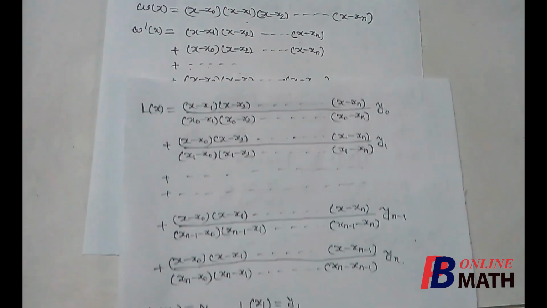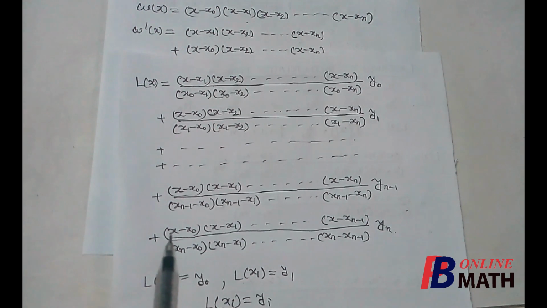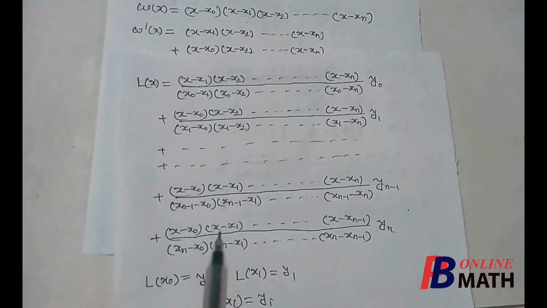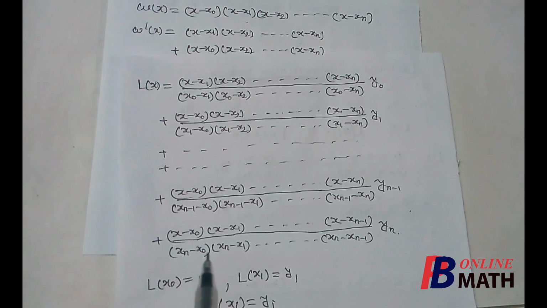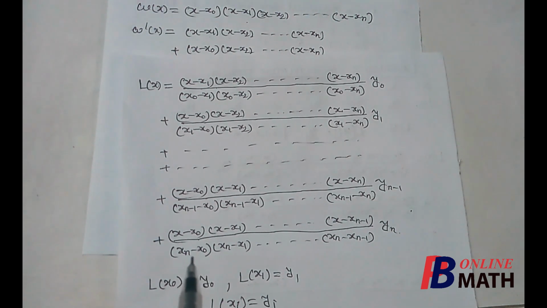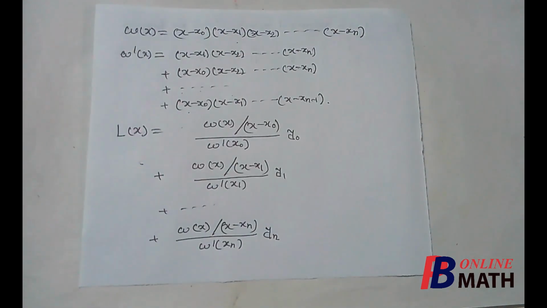Continuing in this process, for the final term, it is omega x by x minus xn in the numerator, and the denominator can be written as omega dash xn. So the Lagrange's interpolating polynomial can be written in this alternate way.